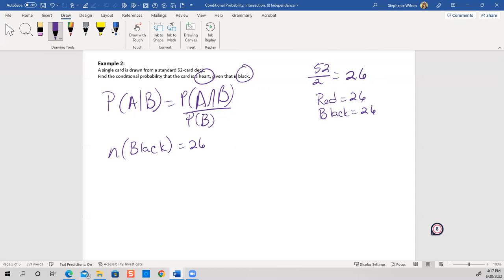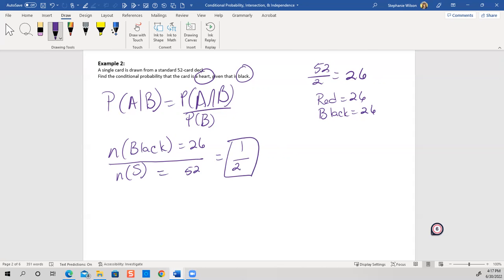The probability of drawing a black card is a half, because if I divide 26 by the 52 cards in the sample, 26 goes into 52 twice, so we have a half chance of drawing a black card.